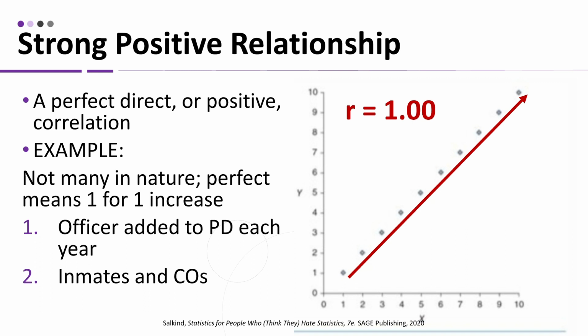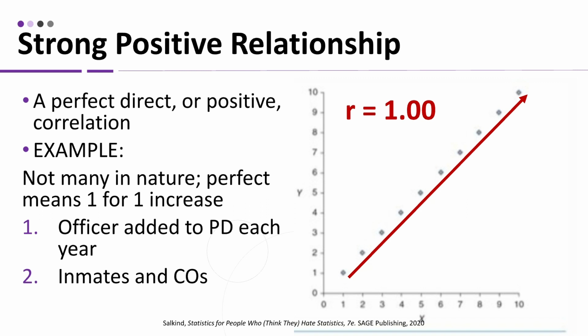Some examples that you could look at, which again are not really natural, are based on policy. If a police department has a policy of adding a new officer each year, then you could see that increase, but that's not naturally occurring, and there's definitely a relationship between those two because we know in context there's a policy relationship there.